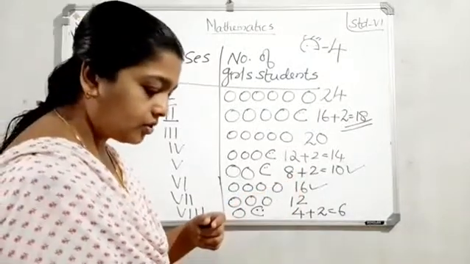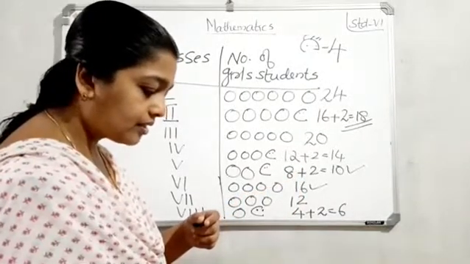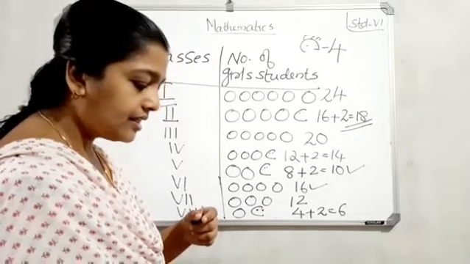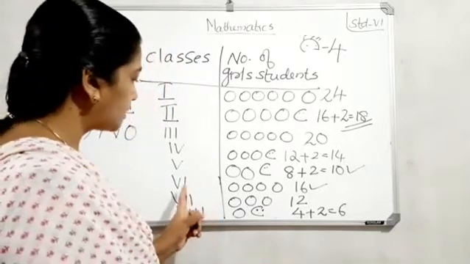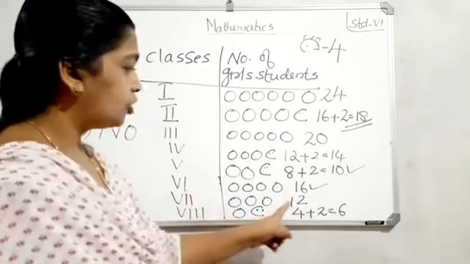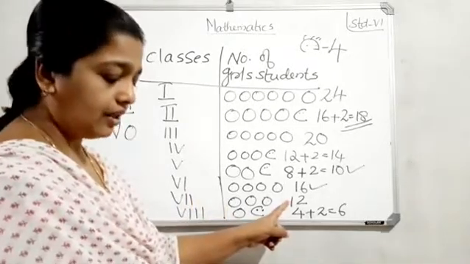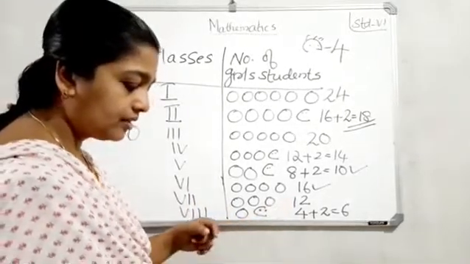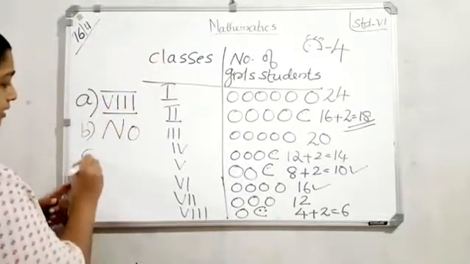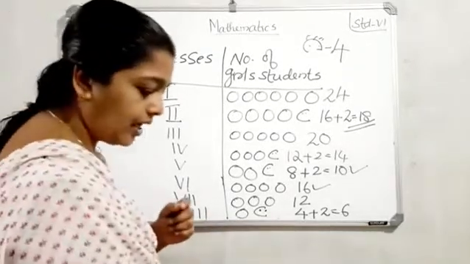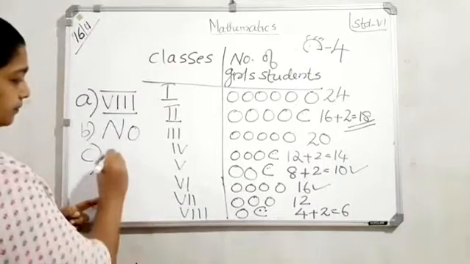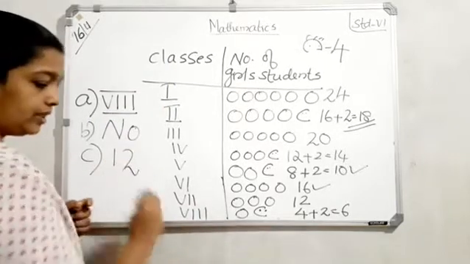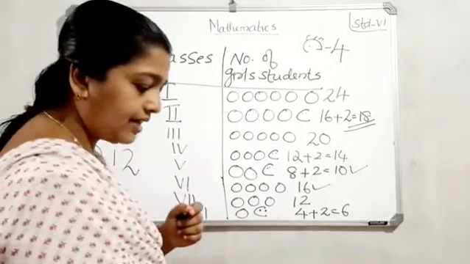Yes. Next question. How many girls are there in class 7th? 7th standard students, how many? Here 12. Say the answer. Yes, 12. Clear? Yes. Question number C, answer 12. How many girls are there in class 7?